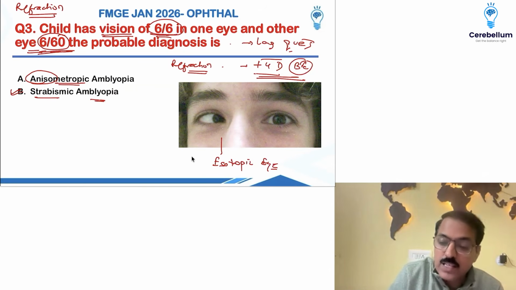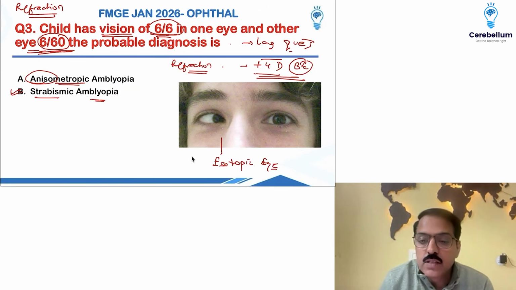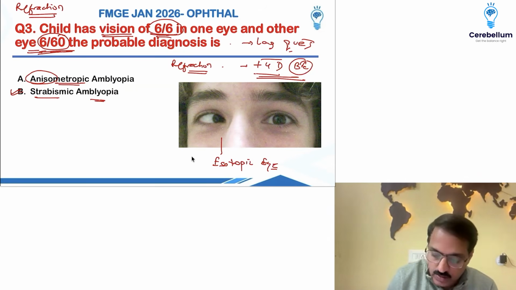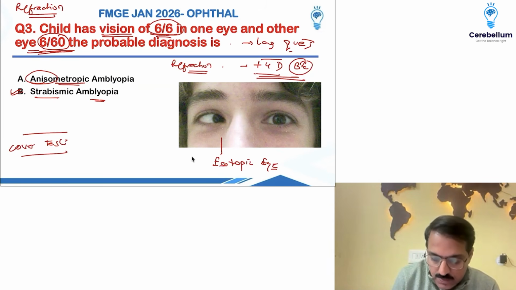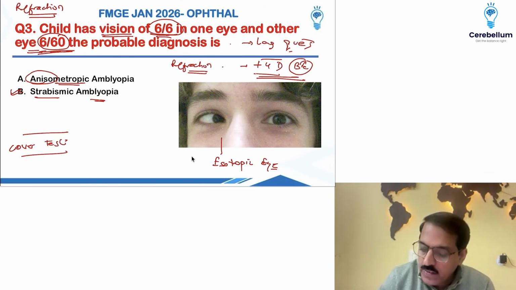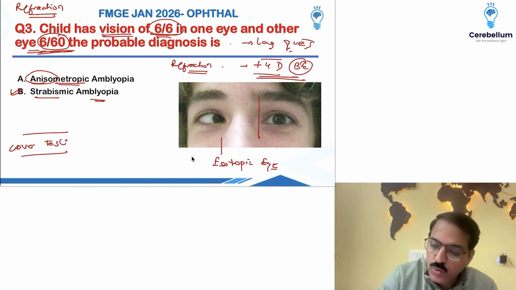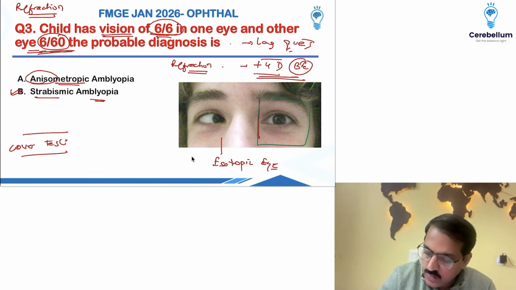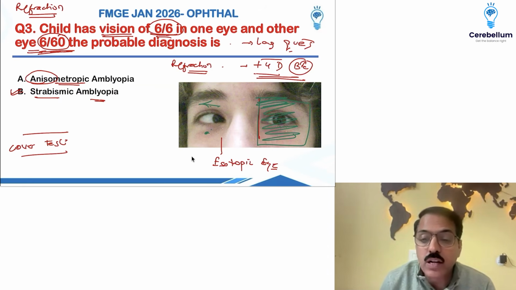Some cover test was mentioned with it. If you do the cover test in this patient, when you cover this eye, this eye will tend to move to the center. This eye will move to the center even if it is amblyopic.